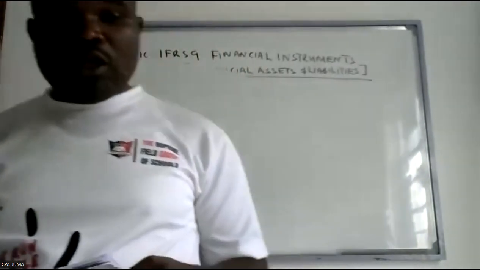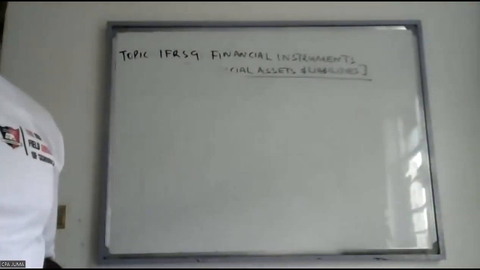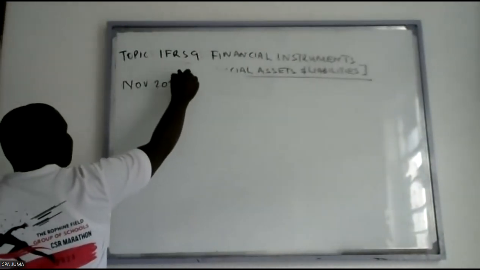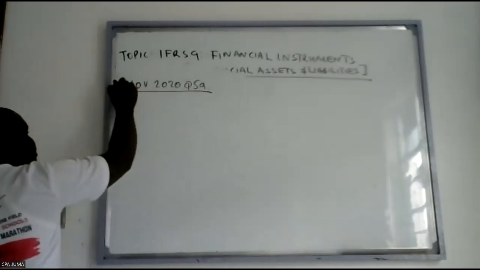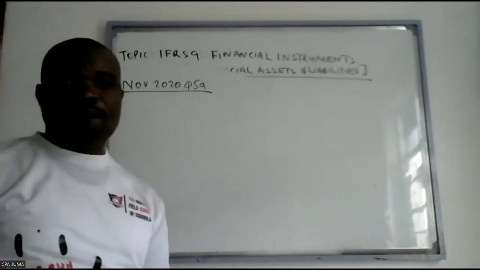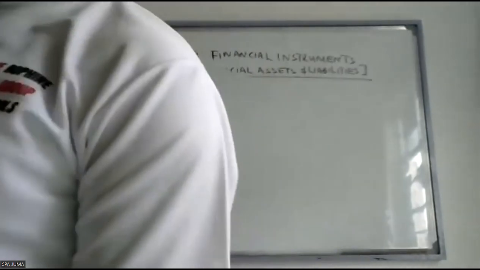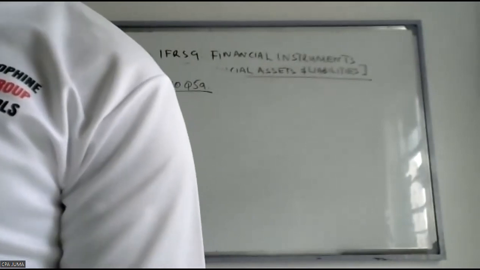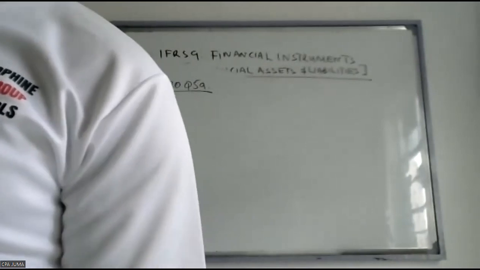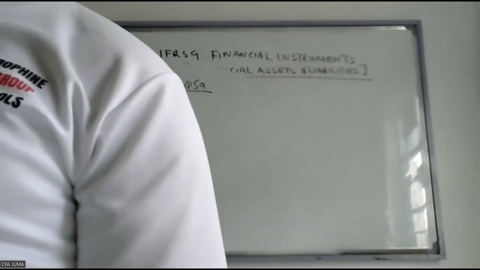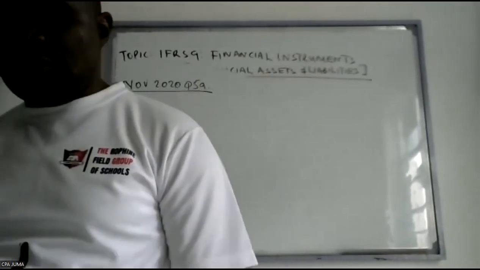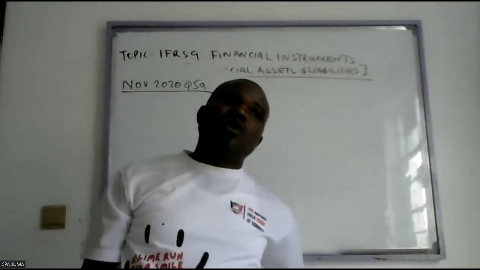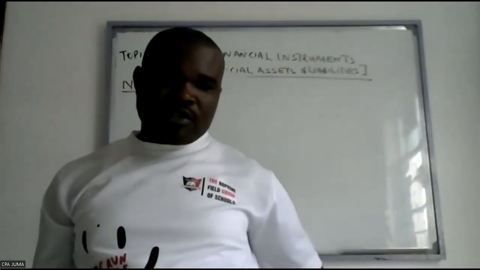So, November 2020, question 5A. From there, I think I have done that, we go to relax now. From there we go to do 2021, then we go to derivatives.